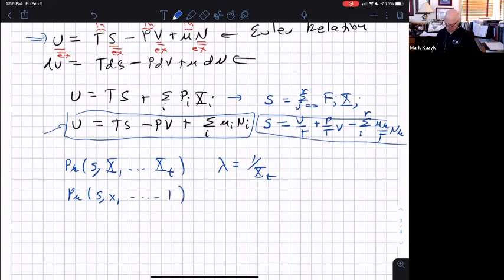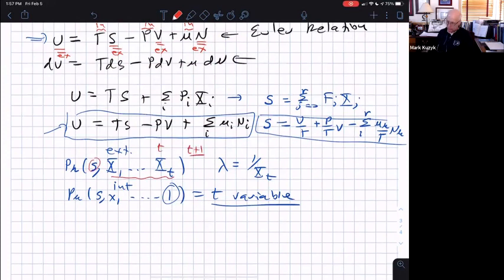So we've taken all these extensive things and turned them into intensive things, and we've gotten rid of one of the variables. So now we just have t variables, and you can see that this group of variables has t of them, but there's also s in addition. So there are t plus 1 variables there.